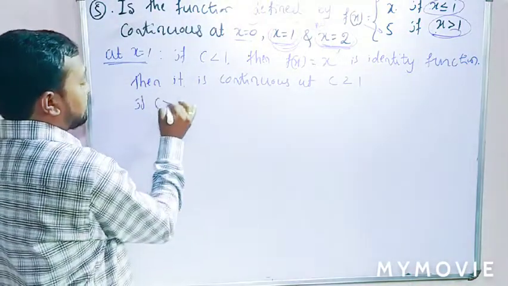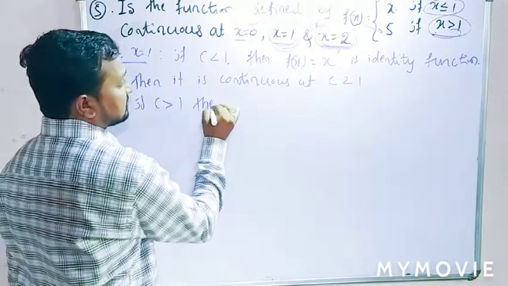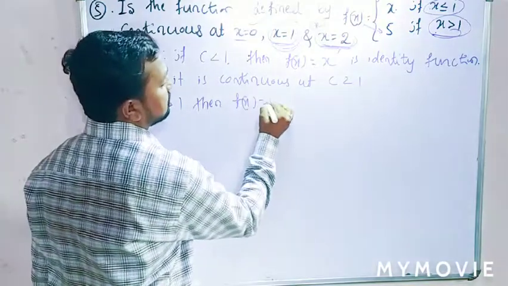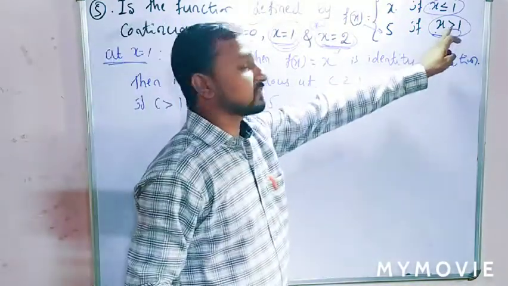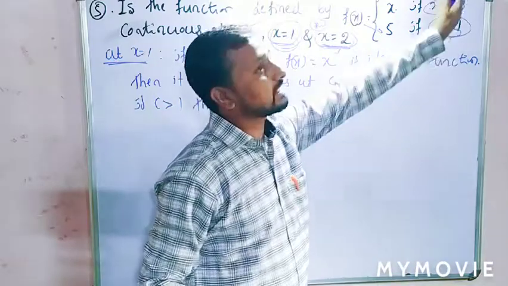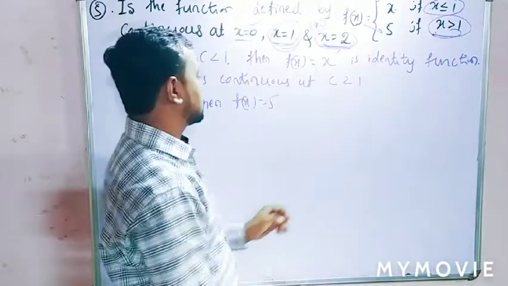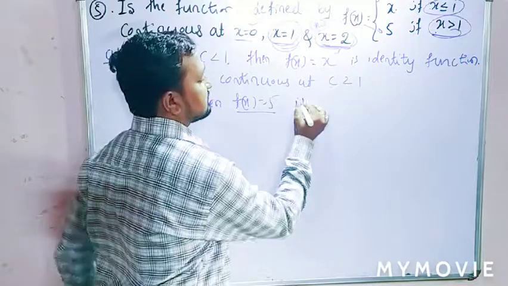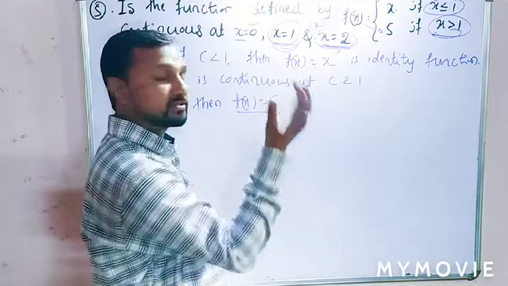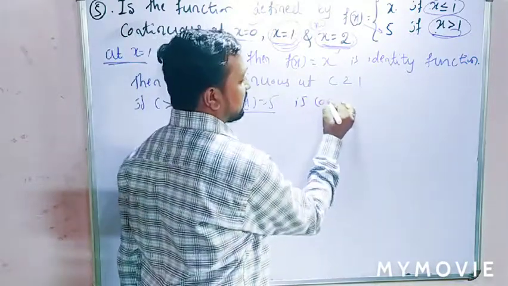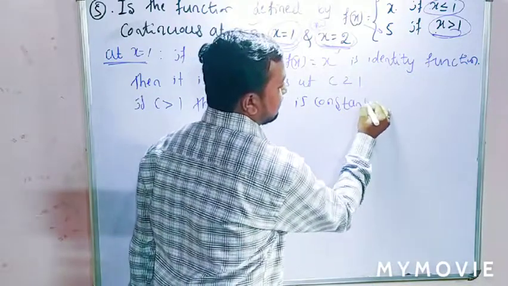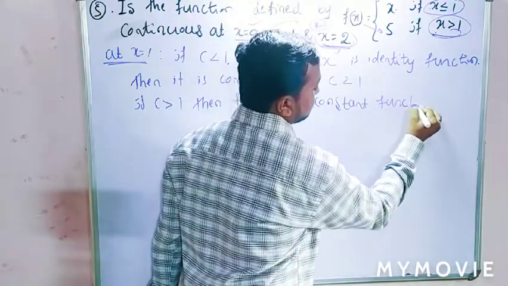And if c is greater than 1, then what should our function be? f of x is equal to 5. For c greater than 1, that is, every real number greater than 1, f of x is 5. This 5 is a constant, so it is a constant function.